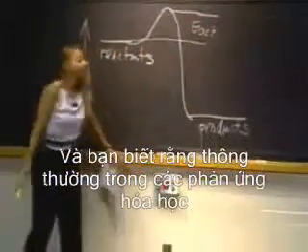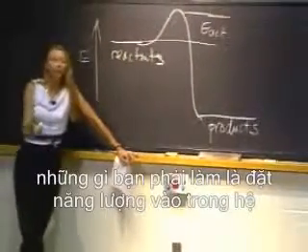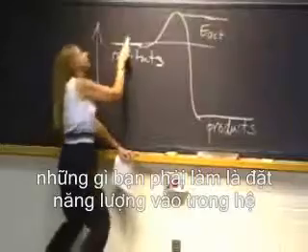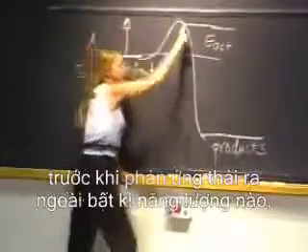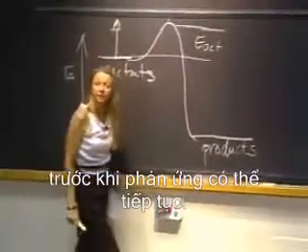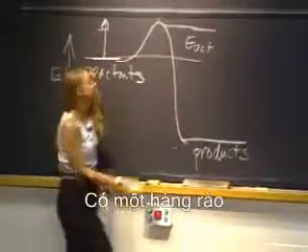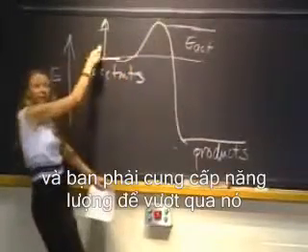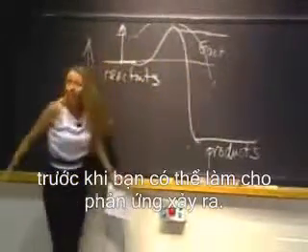And you know that in chemical reactions, typically what you've got to do is you've got to put energy into the system in order to get over this barrier before you get any energy out, before the reaction can proceed. And that is what happens in a lot of chemical reactions. There's a barrier, and you got to supply that energy to get over it before you can make the reaction go.